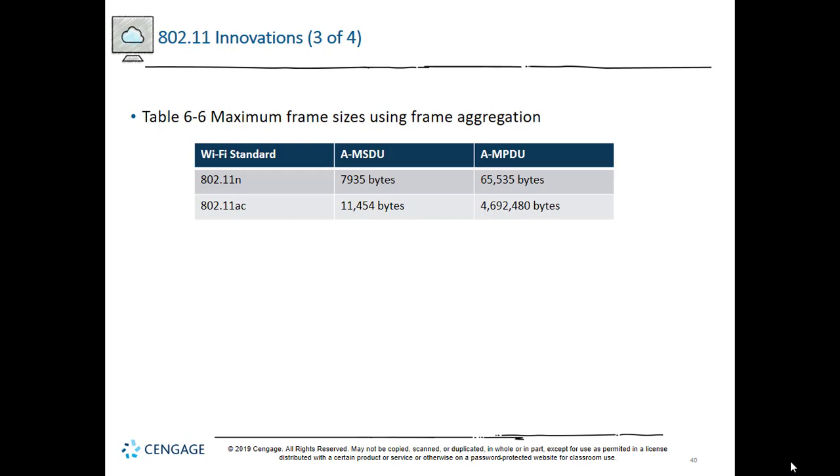Considering those factors, in 802.11n networks actual throughputs are going to vary anywhere from 65 meg up to 500 meg per second. While in 802.11ac Wave 2 networks, actual throughputs have been documented, at the time when this presentation was put together, as high as 891 meg per client at short distances, which is pretty smoking fast.